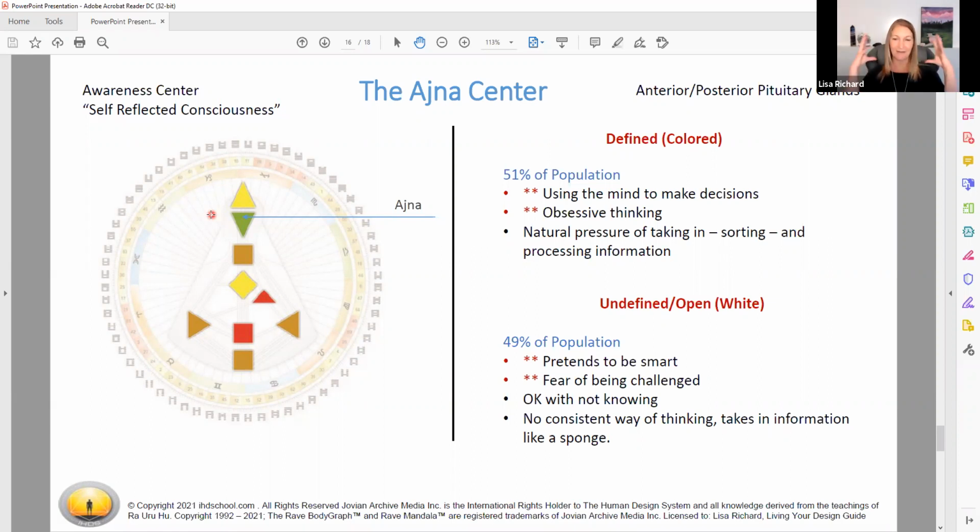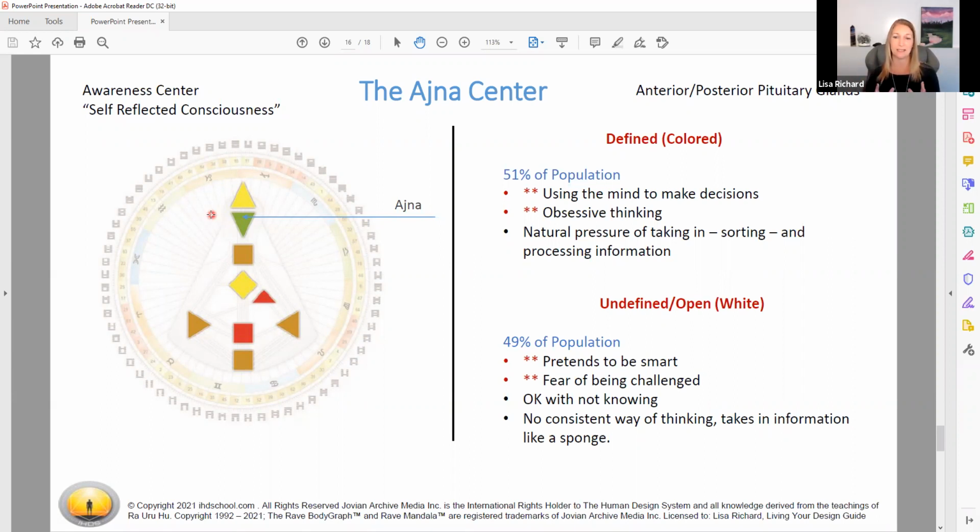So because you have an open head center, you're taking in a lot of information. You're picking out pieces that are relevant to you, that are of interest to you, and the rest you're kind of putting to the side. Now you have a very consistent way of organizing information for yourself and the way you handle information, but you don't have a consistent way of thinking.